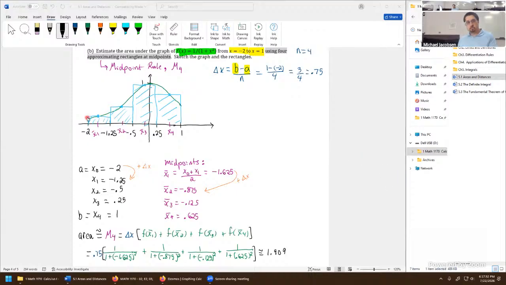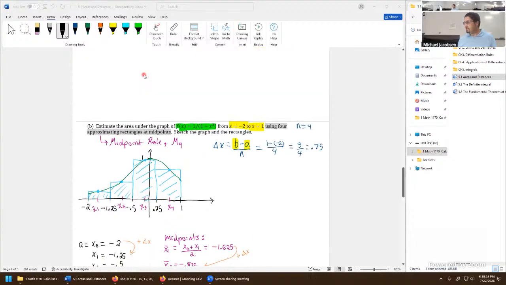Well, if we used, say, the left endpoint rule or right endpoint rule, this one would have been a little bit more biased. Say we used the left endpoint rule, where the function's increasing, we would have gotten a pretty big overestimate, slight underestimate right here. And so the midpoint rule just balances the overestimates versus the underestimates.